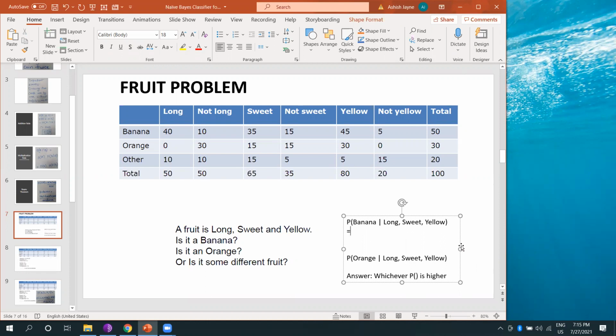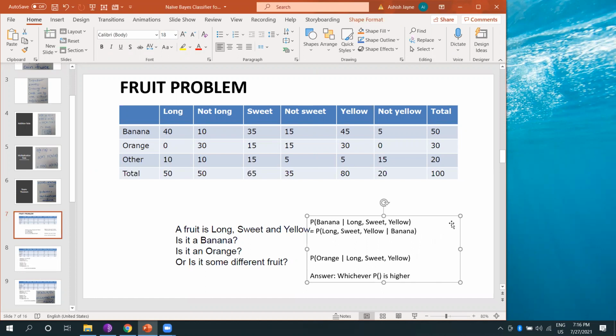The Bayes equation tells us that this is equal to P(long, sweet, yellow given banana), multiplied by P(banana), divided by P(long, sweet, yellow).